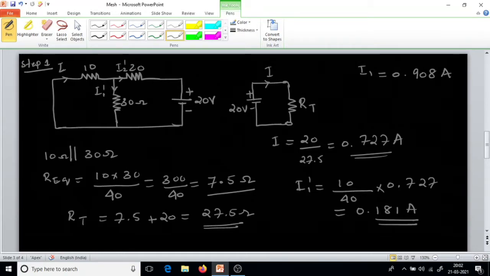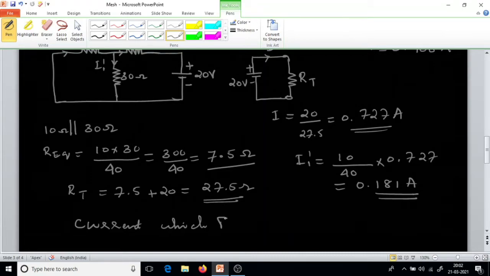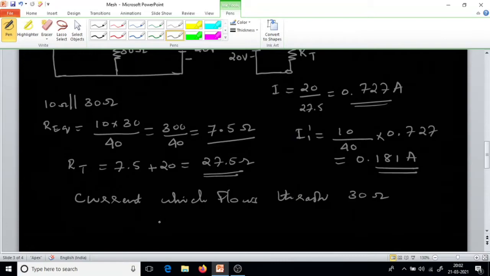So what is the effective current which flows through the 30 ohm resistor? It equals I1 plus I1 dash. You have to take the algebraic sum, but the current direction is same.